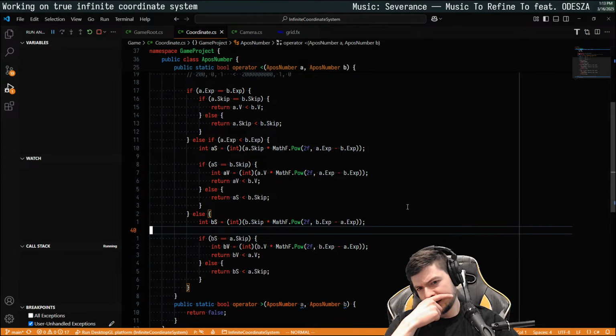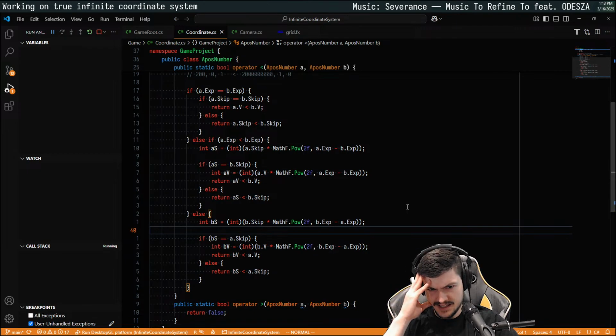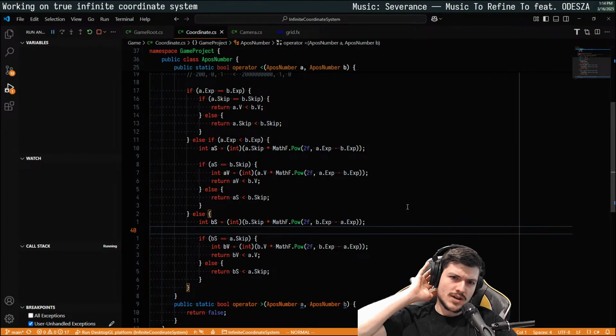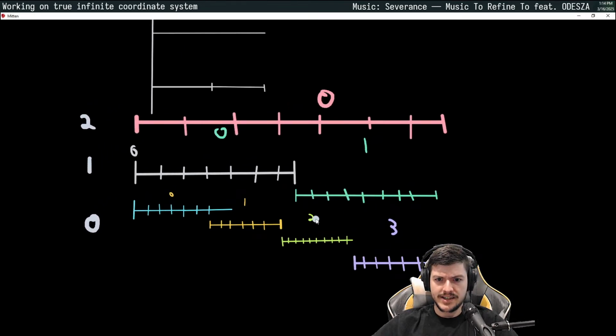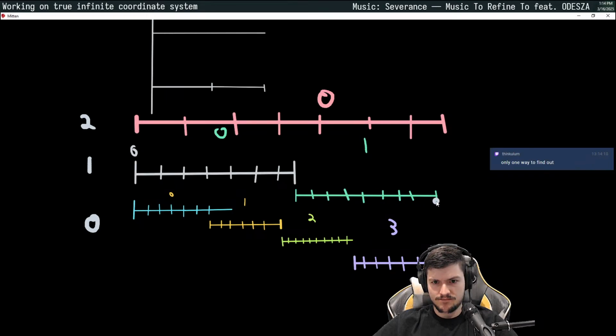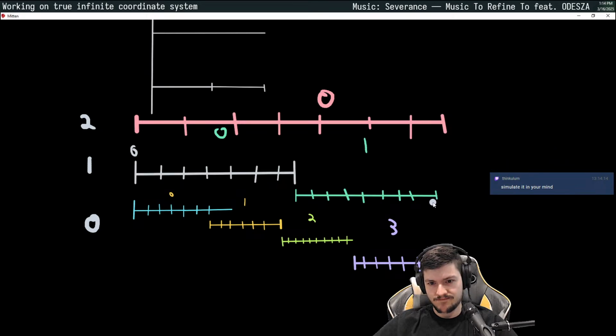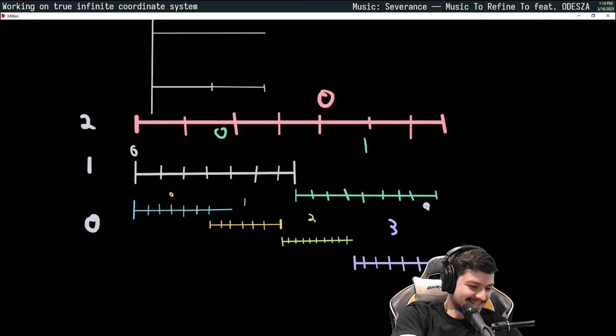I feel like this doesn't work. There's still a missing part. Why? Let's say you're here, 2, and then the skip is 1 on this one. Yeah. That's what I'm doing all day, simulations.